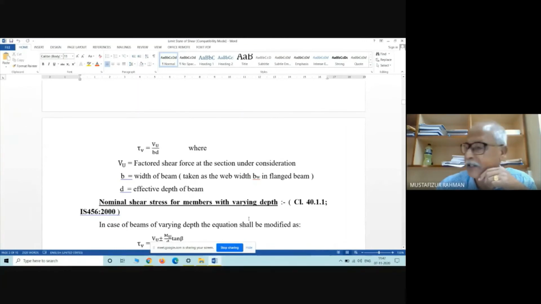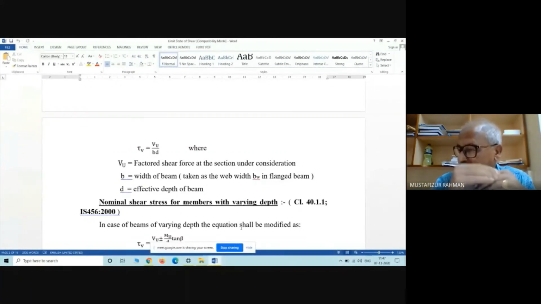This is the nominal shear stress, that is the induced shear stress, right? Now, whatever shear force we had calculated from theory of structures, the shear stress we calculated from strength of materials.